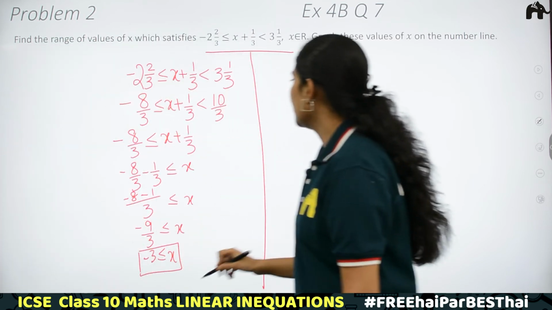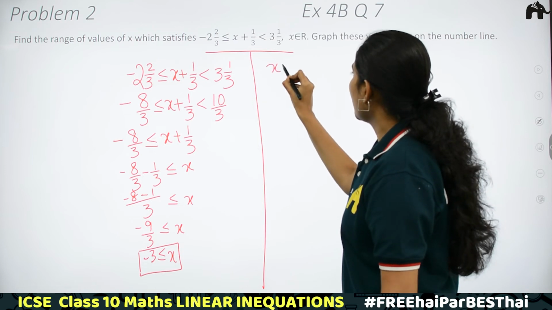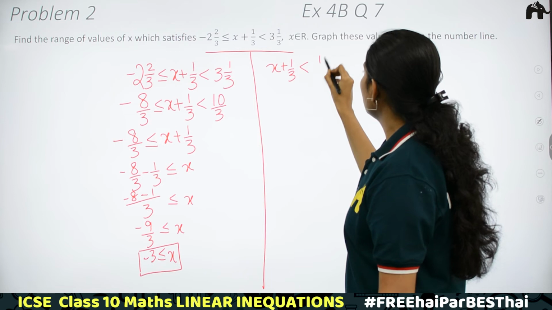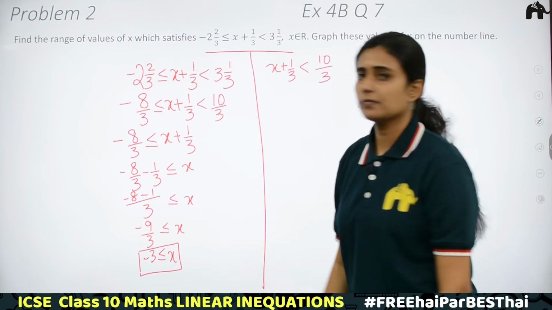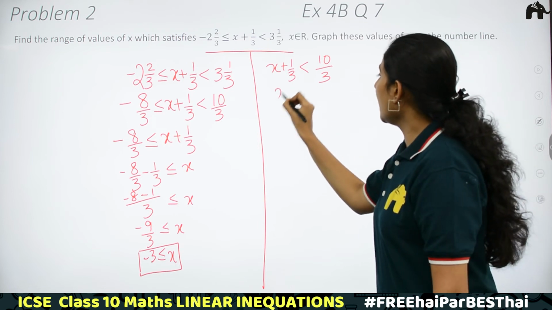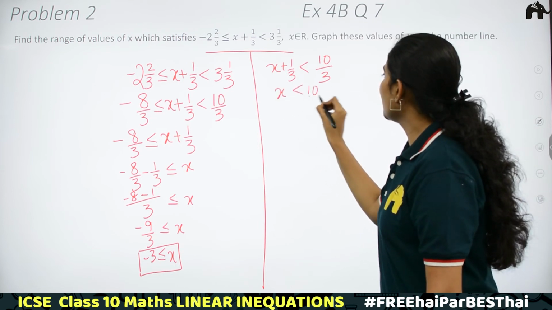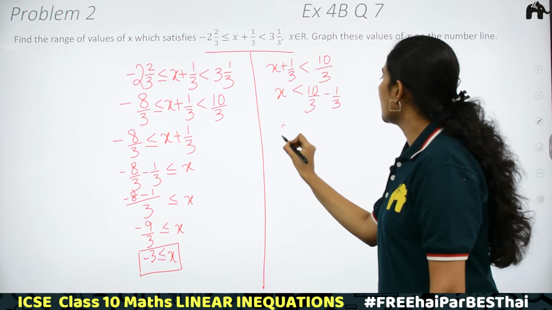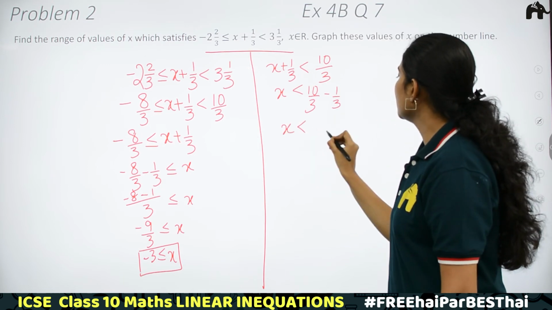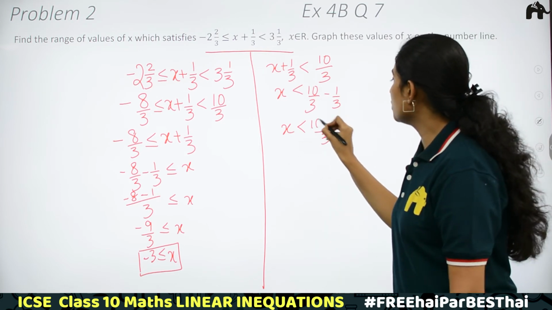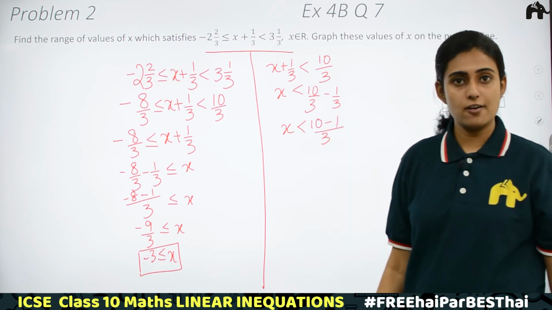Now the second part, x plus 1 by 3 less than 10 by 3. Shifting 1 by 3 to the RHS, x less than 10 by 3 minus 1 by 3. X less than, taking LCM, in the numerator you will be having 10 minus 1.